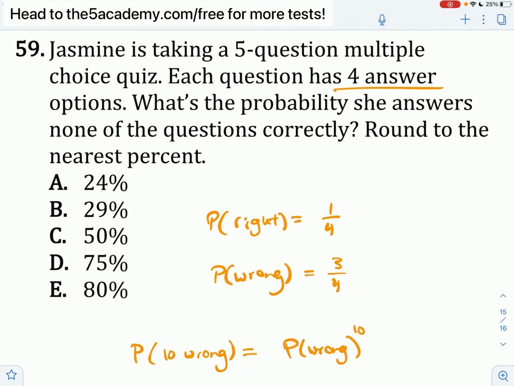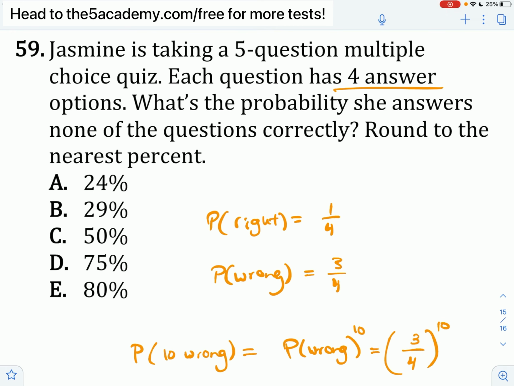This is what you do when you have a single probability and you want to find the probability of that event happening multiple times. Okay? So the probability of getting something wrong, 3 over 4. We're going to raise that to the 10th. Okay? And if you do that on your calculator, you'll get a value that is close to 0.056.